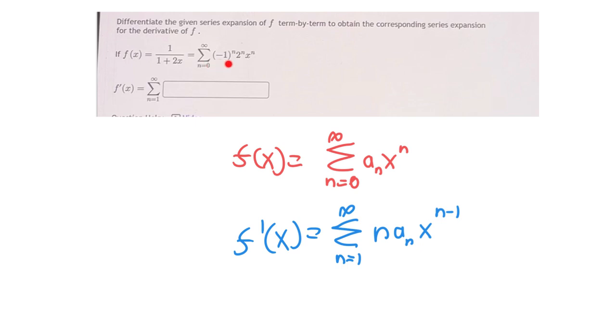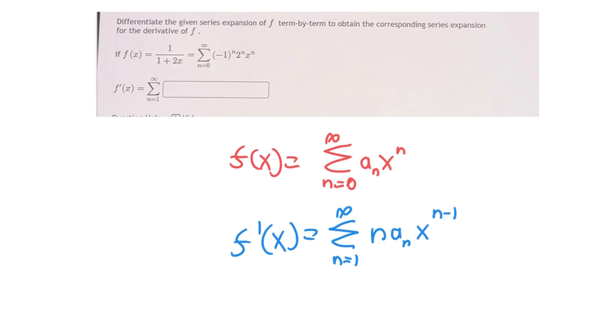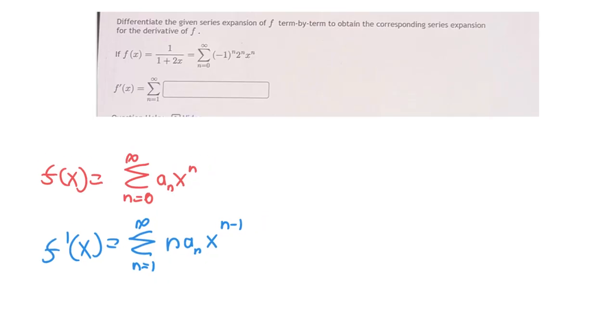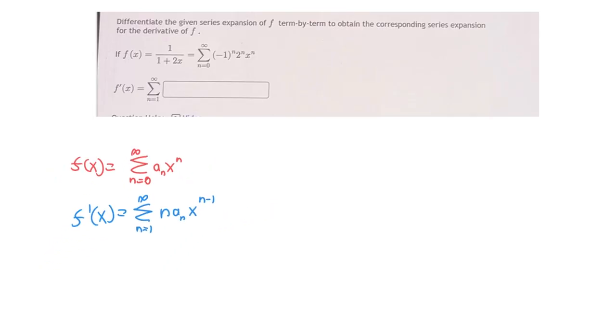I think the tricky thing is that you want to make sure you're properly identifying the coefficient. Now, the coefficient is this, because here's the x part. So this is the coefficient part.